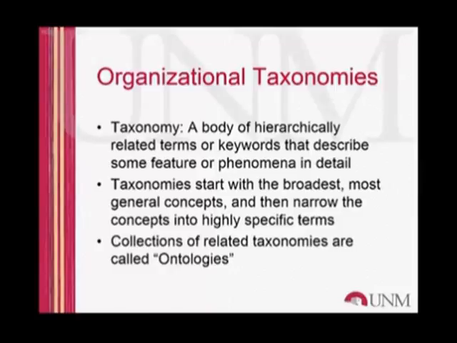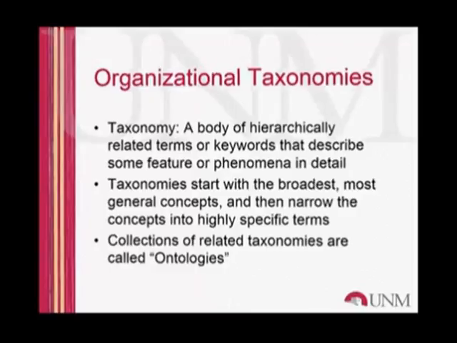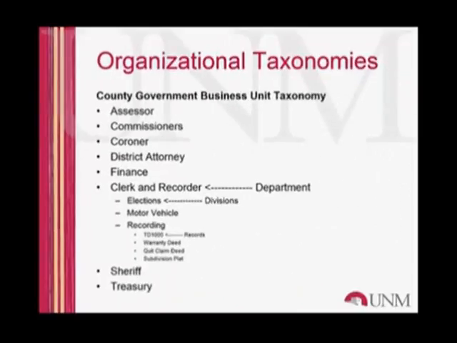So an ontology has a very broad scope for describing many different parts of a complex subject, whereas a taxonomy is really intended to be one sort of linear tree that describes one subject from very broad terms at the top to very narrow specific terms at the bottom. So for our purposes, business taxonomies tend to be much less exciting than the Art and Architecture Thesaurus and much more mundane.